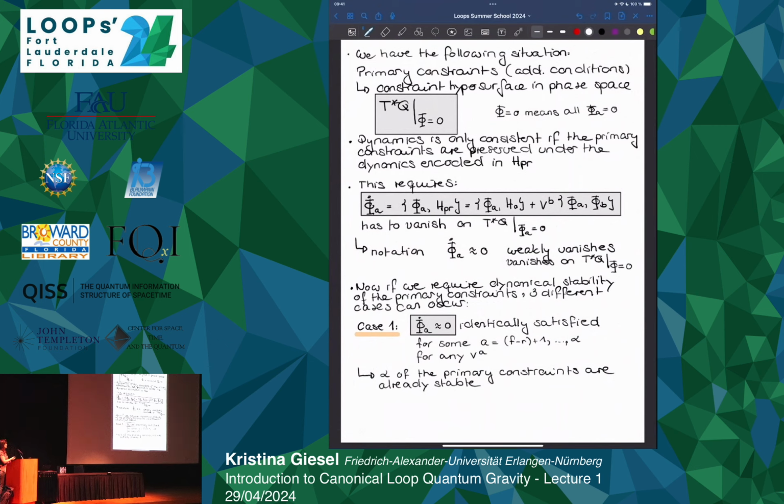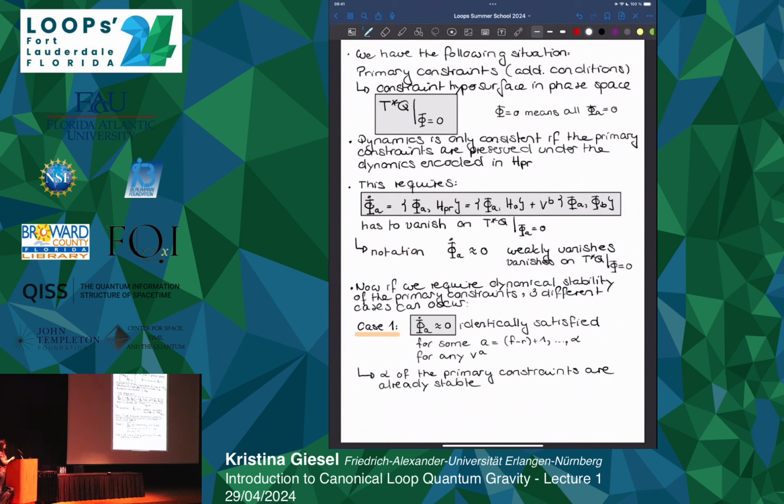Therefore, we require that if we consider the dynamics of the primary constraints with respect to the primary Hamiltonian, which we get by taking the Poisson bracket between the primary constraints and the primary Hamiltonian, which is explicitly written here, it is a contribution from H naught and a contribution of the Poisson brackets between the different primary constraints. You want this to vanish in order to ensure that the constraints are preserved at any time.